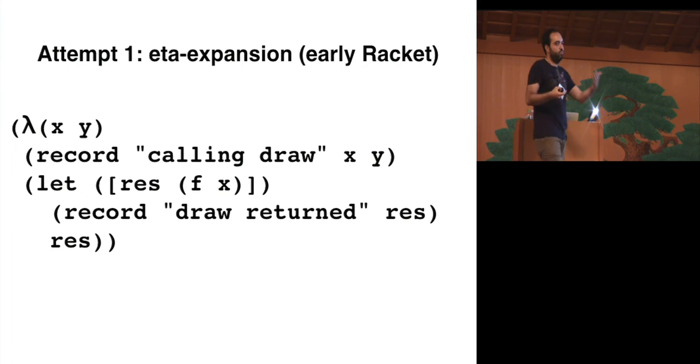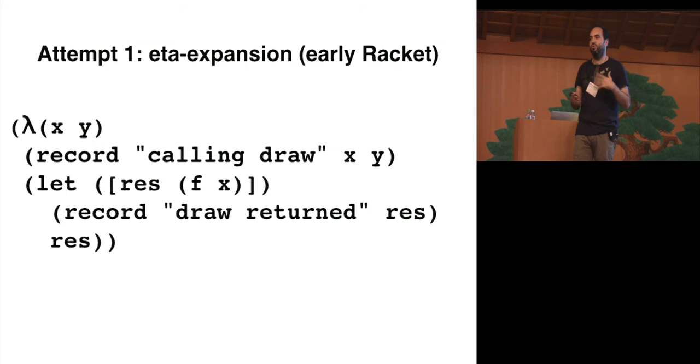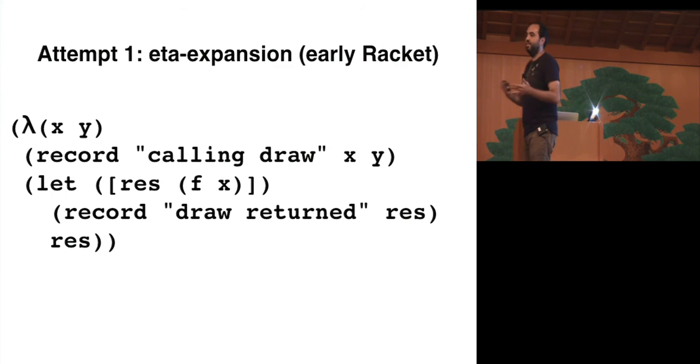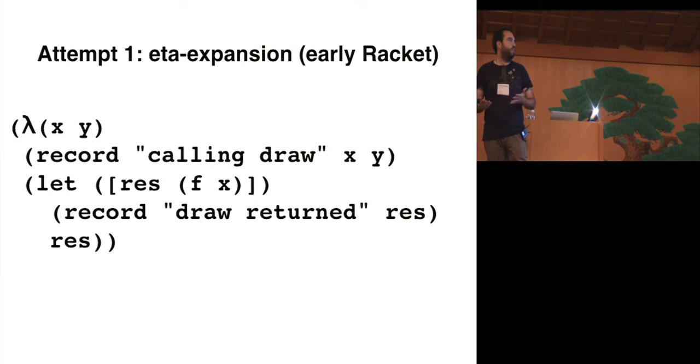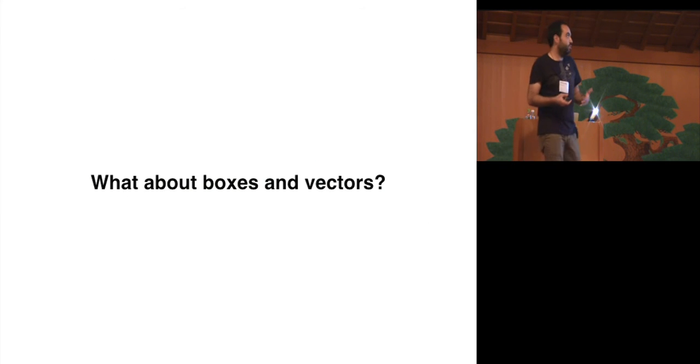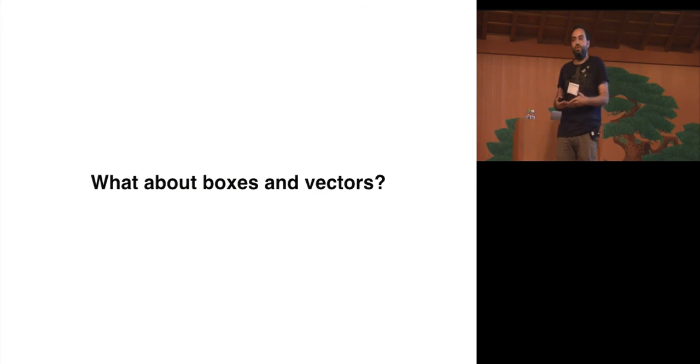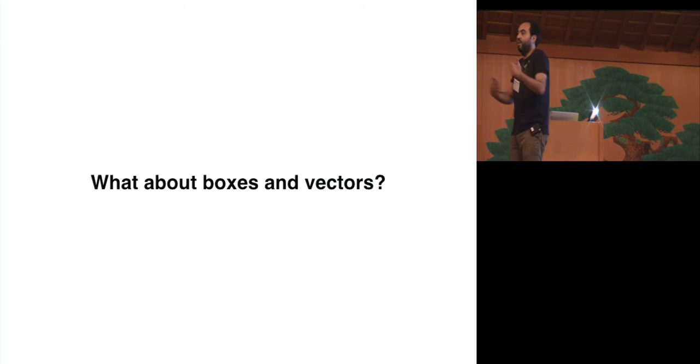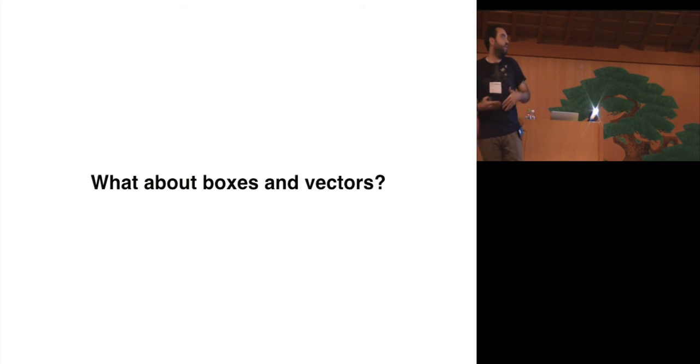So the first way to get away from that is to use some sort of data expansion, and that's exactly what Racket was doing early on. But of course, this is not complete either. It's not a good solution because we don't only want to interpose on functions. There are other constructs in our language like vectors and boxes, and it would be good to be able to interpose in general terms.